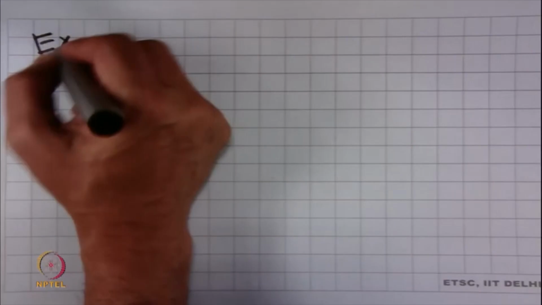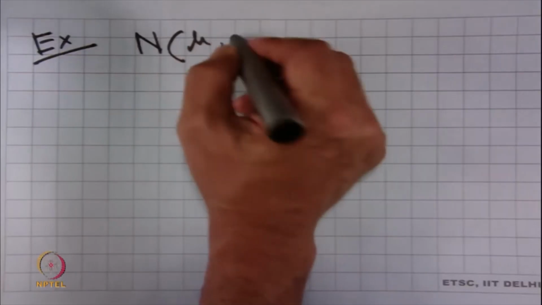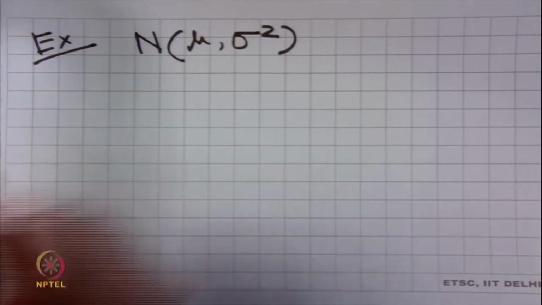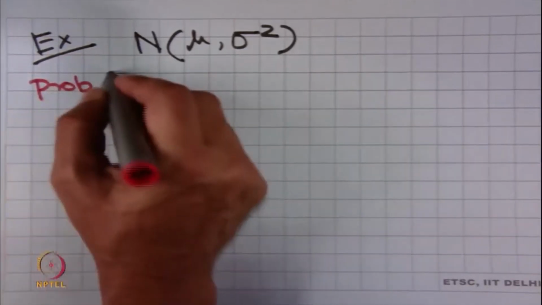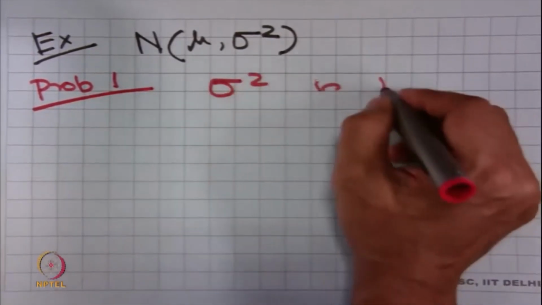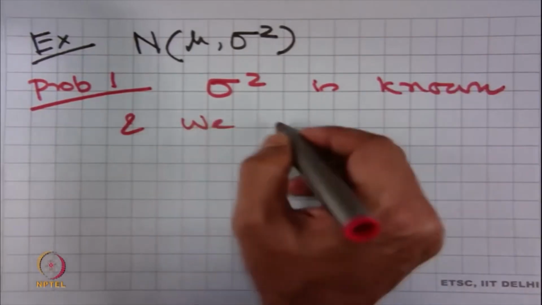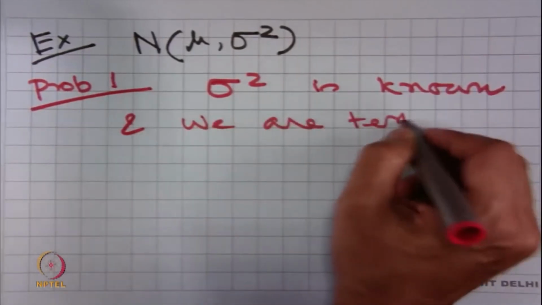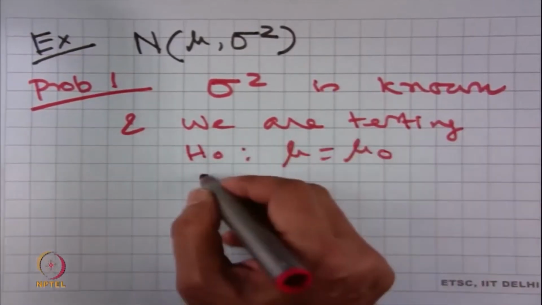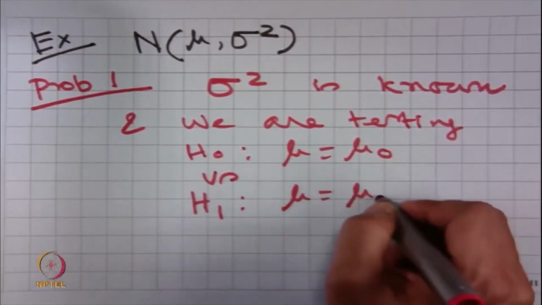Another example that I did in the last class is normal mu comma sigma square. Let us look at problem 1. Sigma square is known and we are testing H naught, mu is equal to mu naught versus H 1, mu is equal to mu 1.